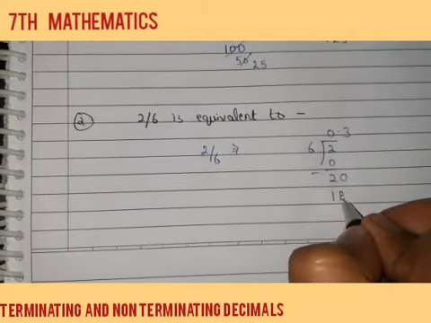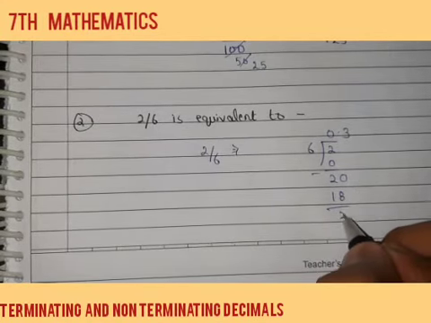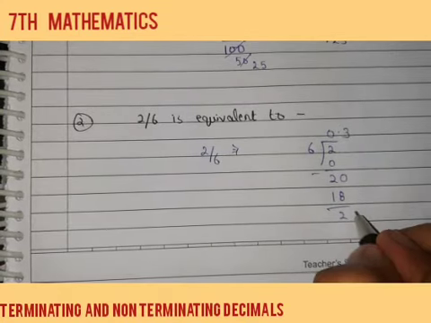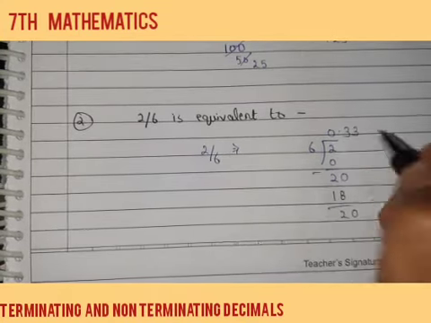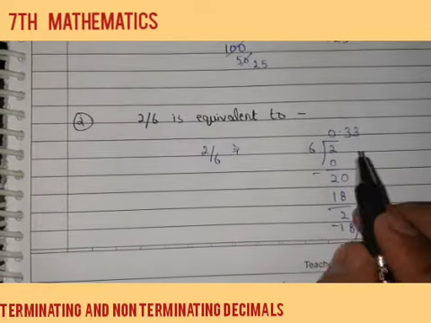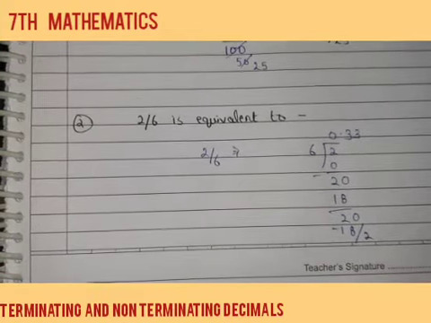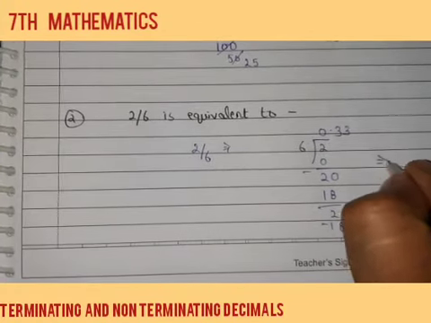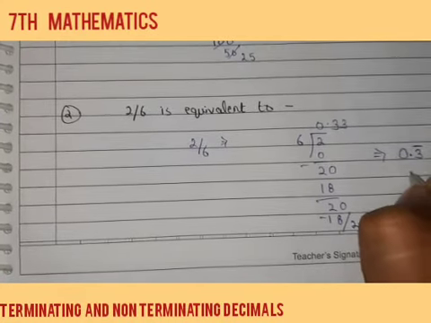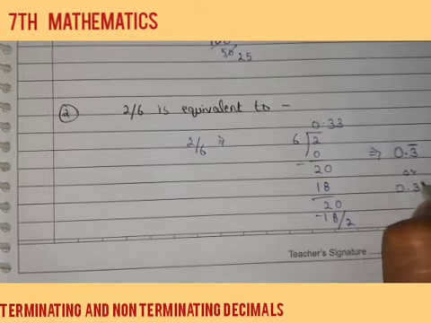We have remainder 2, we have a decimal. Since this 2 cannot be divided yet, we again put a 0. 6 into 3 is 18. Again 2, that means 3 is getting repeated. Hence we can write it as 0.3 bar, or we can also represent this as 0.3 with a dot.